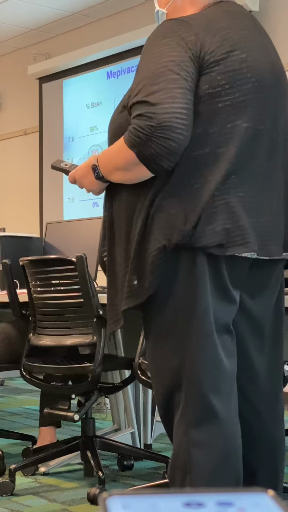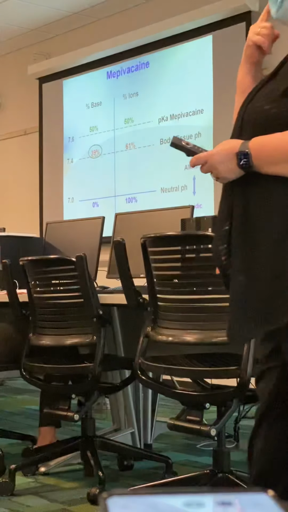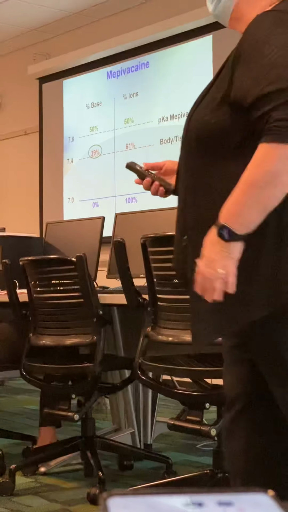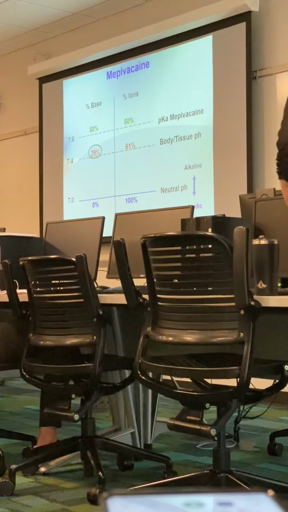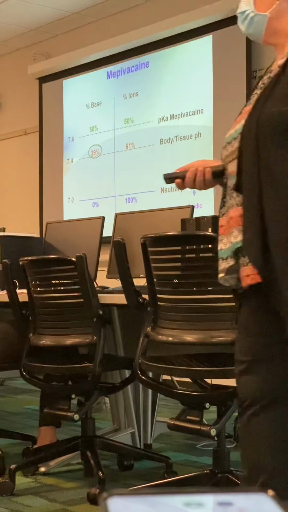But if the infection was here and I'm trying to numb with an infiltration, I'm not catching that, and so it's much more difficult to get them numb. So again, if the pH of the body is 7.4, mepivacaine has the closest pKa to the body's pH. But even at the body's pH, only 39% of that will convert at any one time.